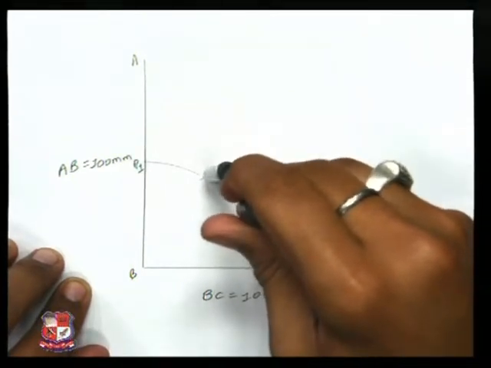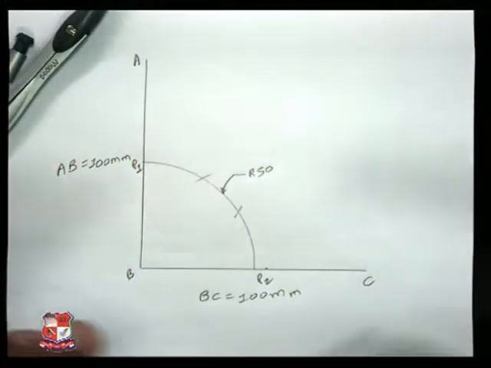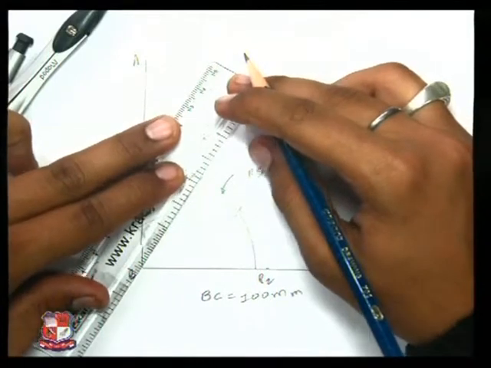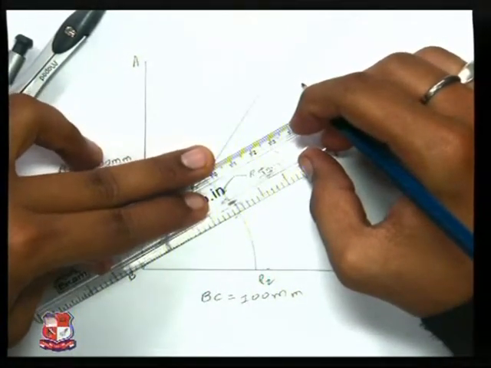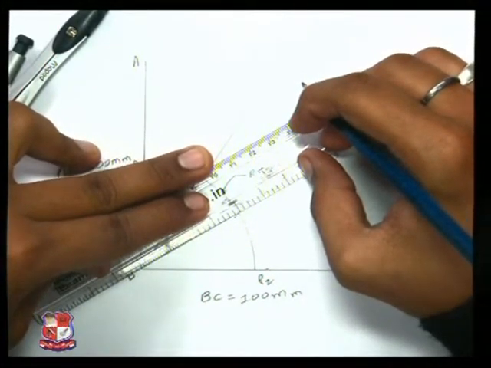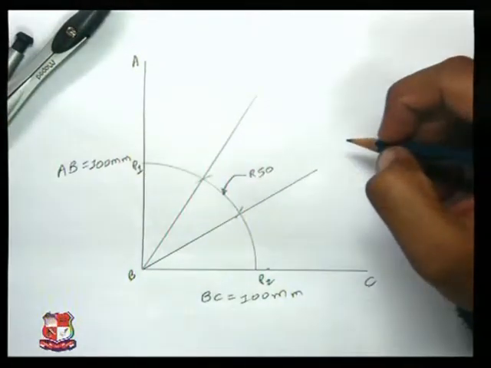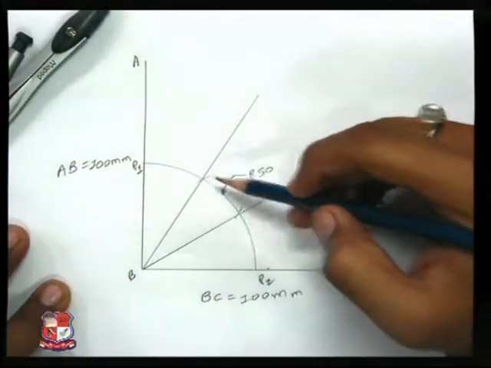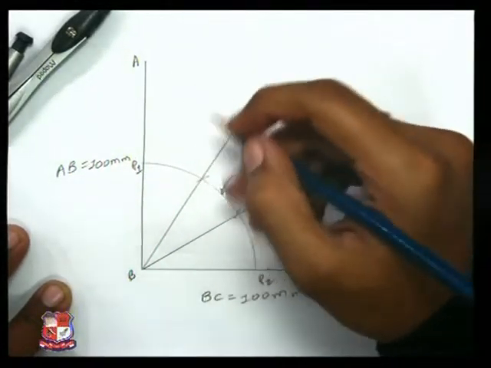Mark an arc on the bigger arc. Take out the lines from the point B. And this is how we can trisect a right angle: 1, 2 and 3. 3 equal portions, we have trisected this right angle.